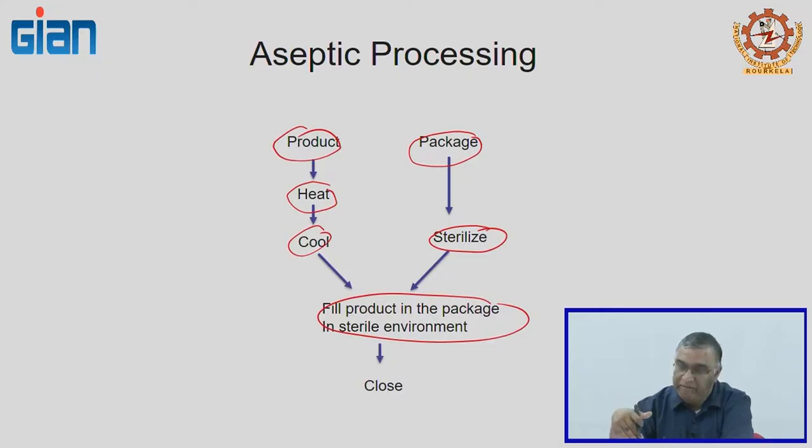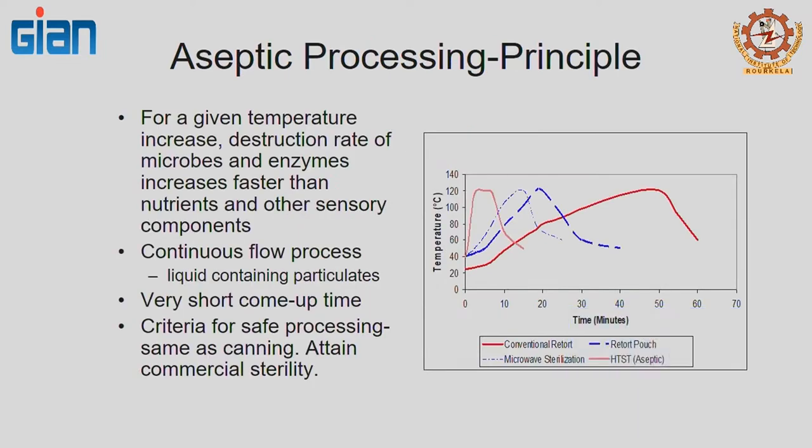In the same way, when you are heating and pumping the product through, it is moving at a particular velocity. So that mixing helps to improve the heat transfer, thereby you are able to reduce the damage to the nutrients. So that's the concept behind aseptic processing.